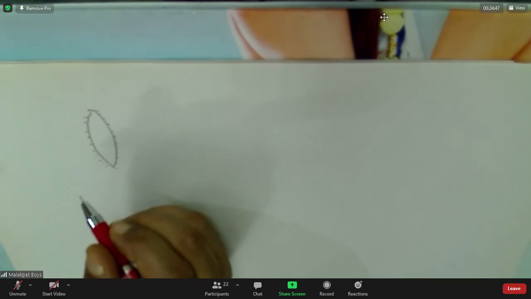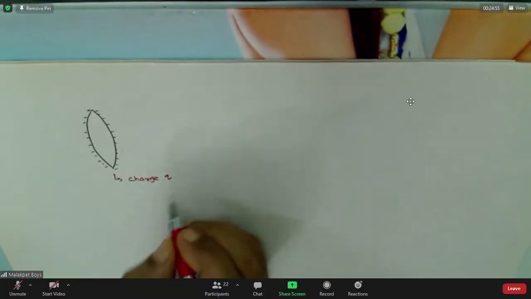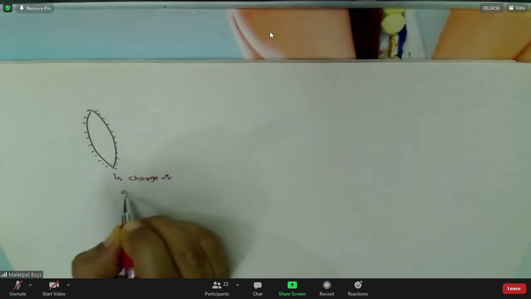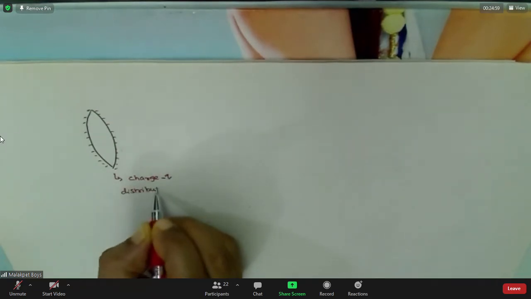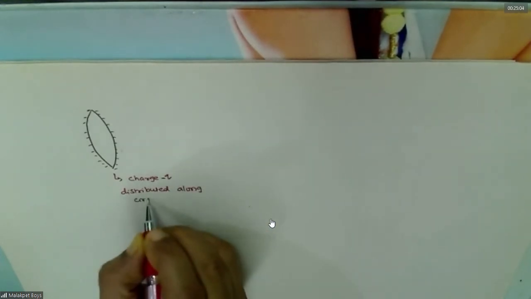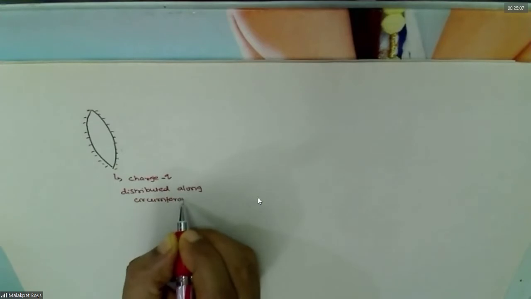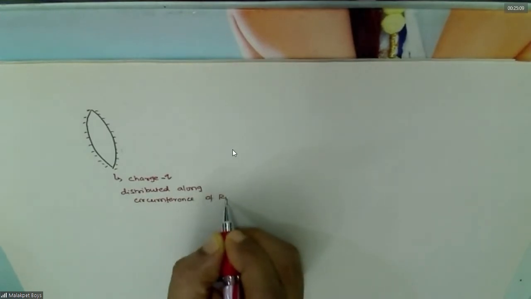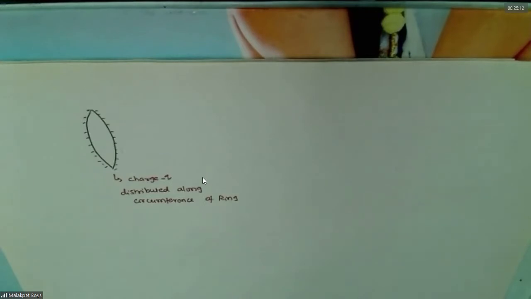It's a ring. It is negatively charged, so charge minus Q. Okay.